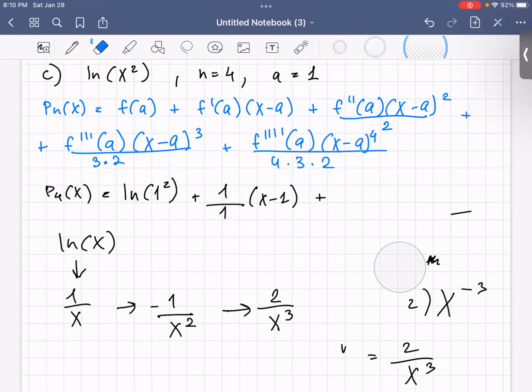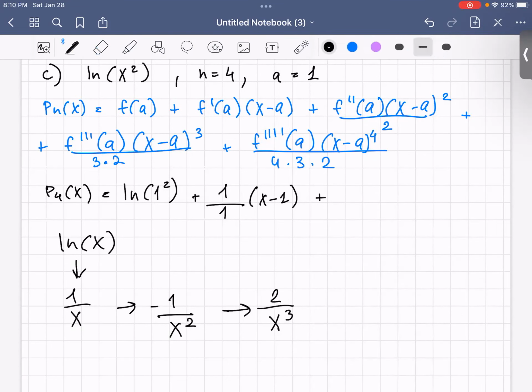Okay, let's start writing this down, and then if we need to differentiate some more, we're going to do that. So the second derivative of a is this. Minus 1 over x, where x is 1 here, right?